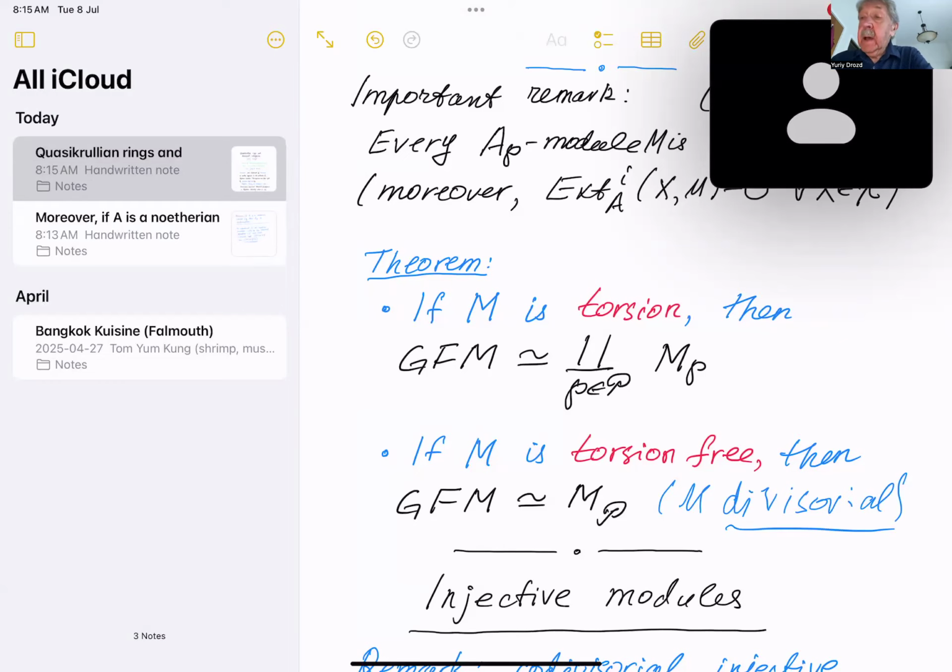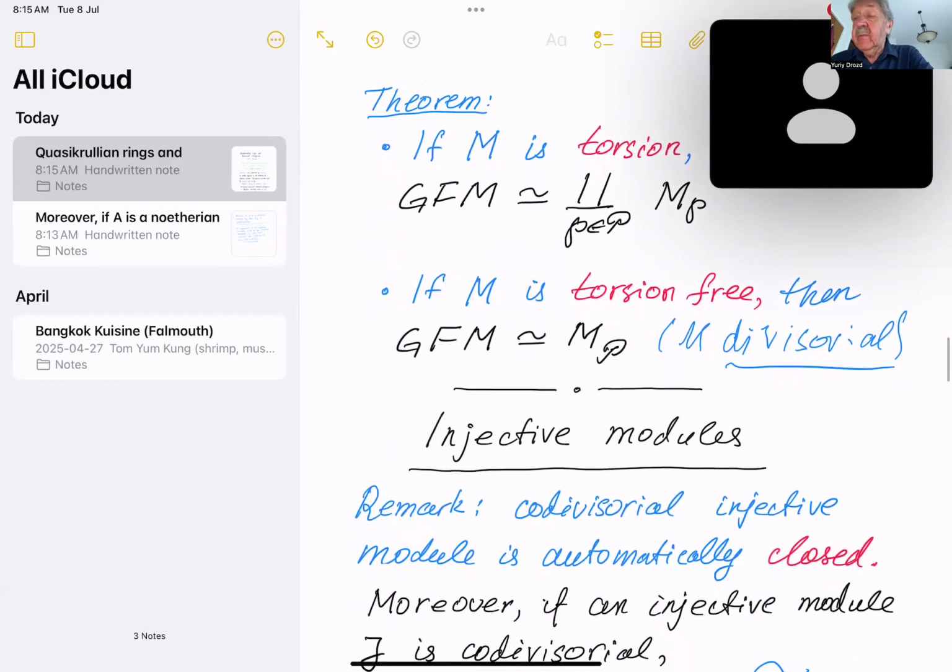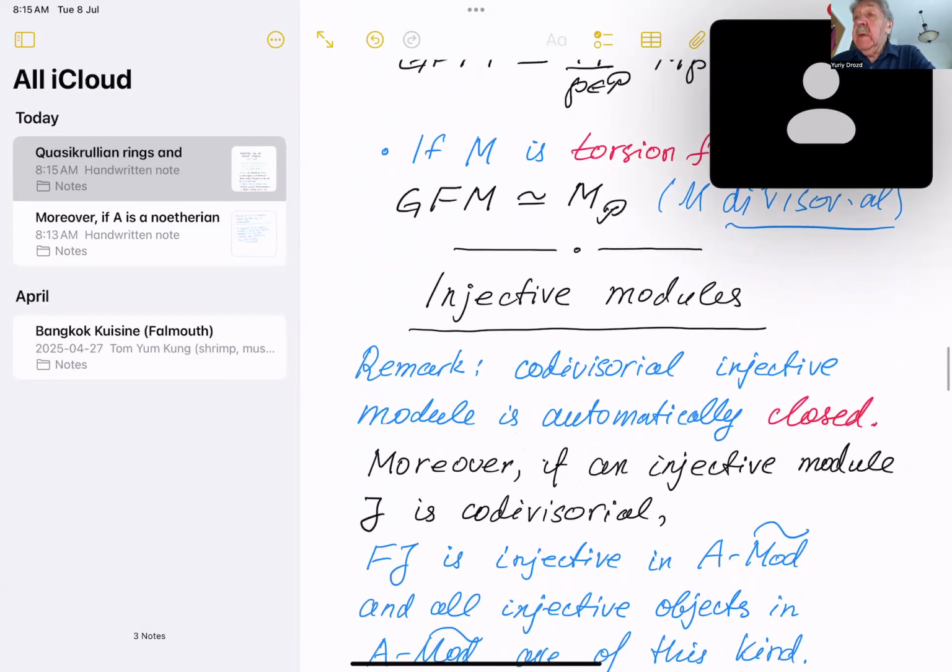Now I am going to injective models. Namely, I am going to show that injective objects in this quotient category, in the tilde category, behave as injective models over Noetherian rings. An important remark: any codivisorial injective model is automatically closed because it has no X with anything.